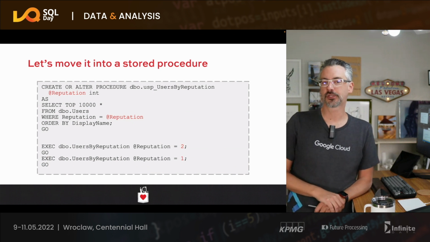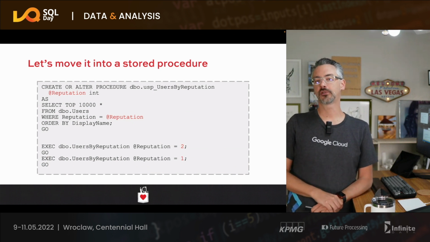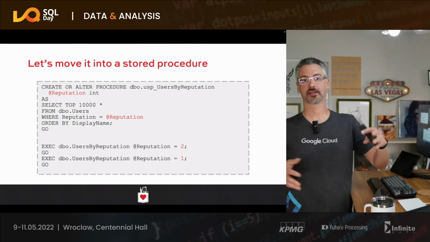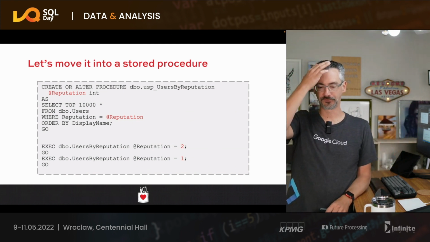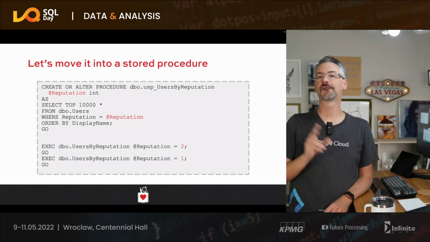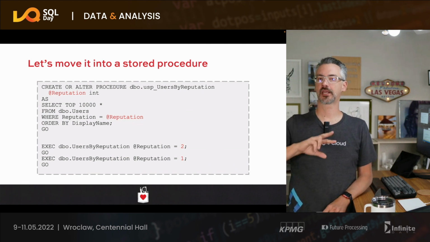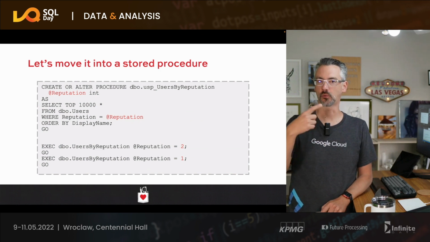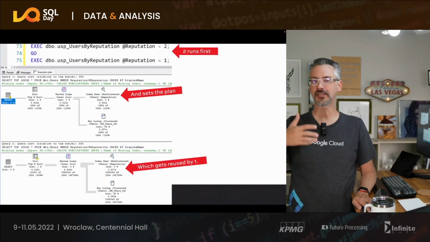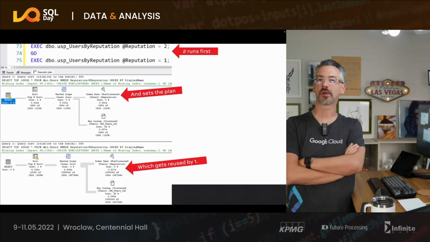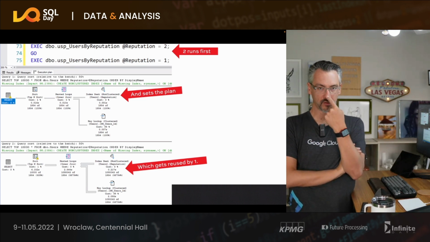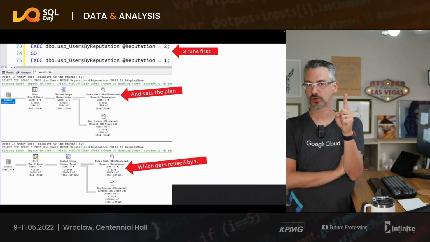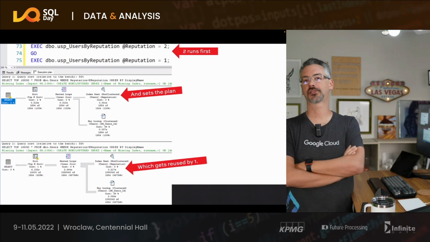But when I put it into a stored procedure and I take reputation as a parameter, or if I did Entity Framework and Hibernate, whatever, anything that uses a parameter, and then I say, first run it for reputation equals 2, then run it for reputation equals 1, something different happens with parameterized SQL. SQL Server sniffs the first set of parameters that gets used.